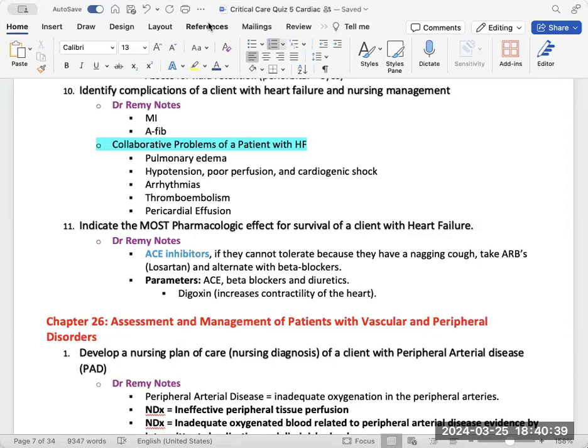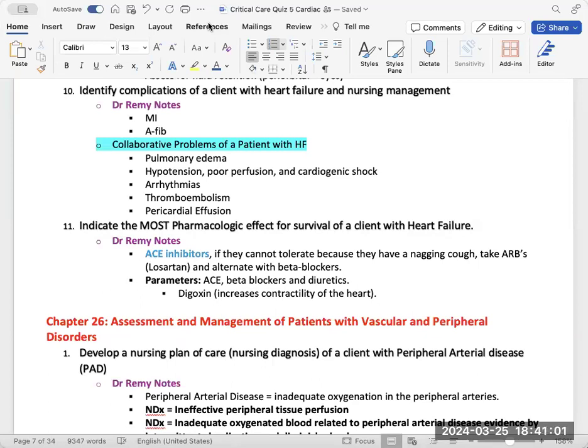poor cardiac output, and cardiogenic shock, which is also due to the left side of the heart failing. They can have arrhythmias, like we said, like AFib due to the myocardial conduction system not working properly, as well as thromboembolism, or clots.